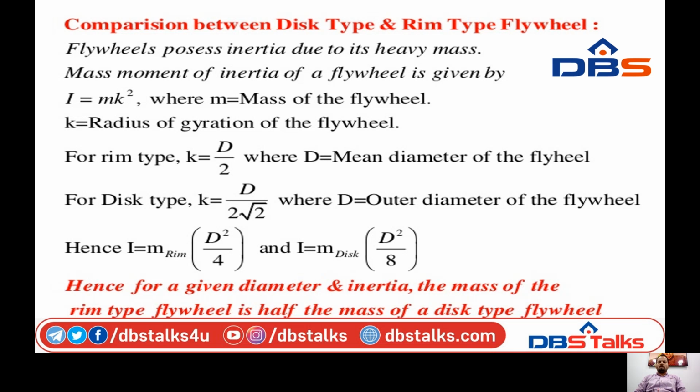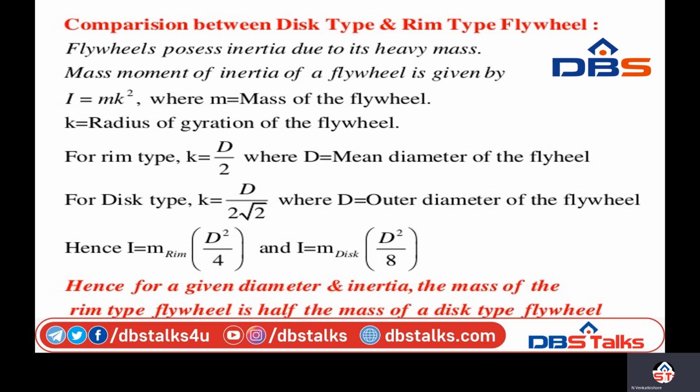So we have a ring type of flywheel which is not an entirely solid structure. The disk type is fully of solid material. There is no loss of energy. In this flywheel we are calculating the comparison.